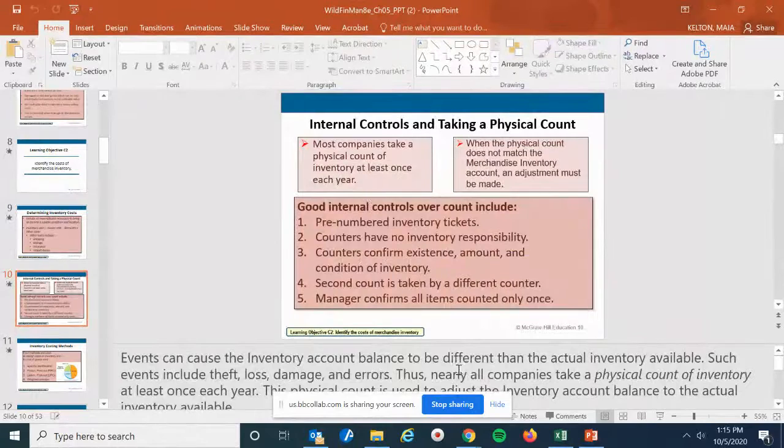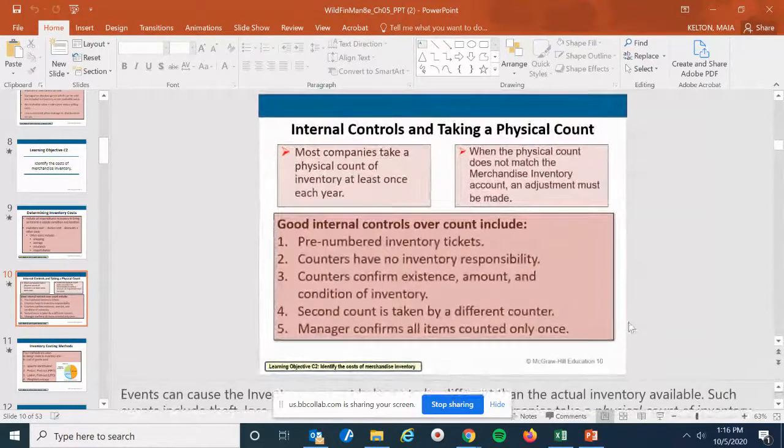Inventory is one of the most valuable assets for a merchandiser. That's the reason why merchandising companies have developed strong internal controls over their inventory accounts. One of those internal controls is a physical inventory. At least once a year, all the big retailers we're familiar with will take a physical count to see what is actually in their stores and at the warehouses.